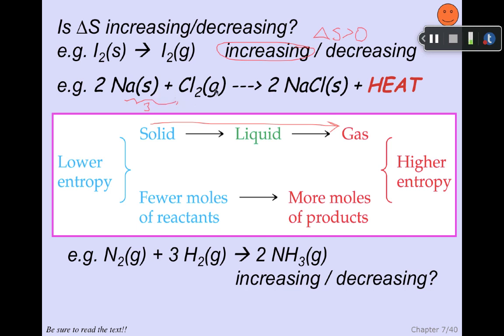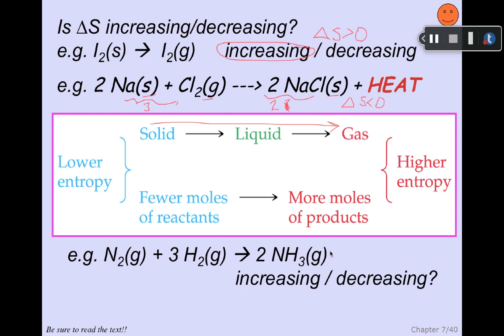More specifically, you have a solid and a gas combining to make a solid. Each of those considerations, going from 3 moles to 2 moles, or going from solid and gas to a solid, would suggest that you are decreasing entropy. And so this one, the change in entropy is going to be less than 0.